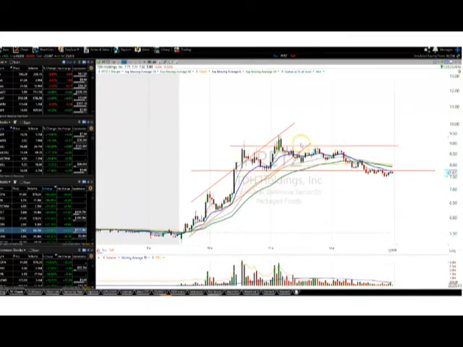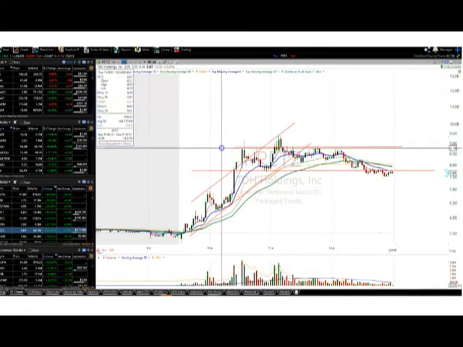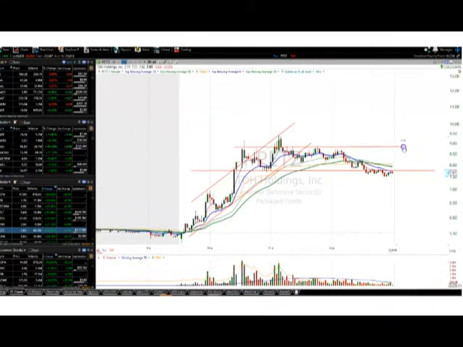In this case, we would have had resistance here at around 8.80. And so $9 would be an area you would want to watch carefully as resistance, but it did get up to 8.80. It spiked up through it, but it was in a sense a fake-out breakout. It got to the top of the channel, double top.